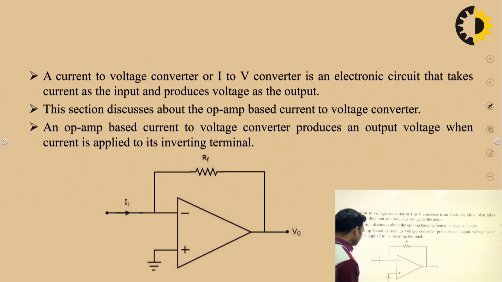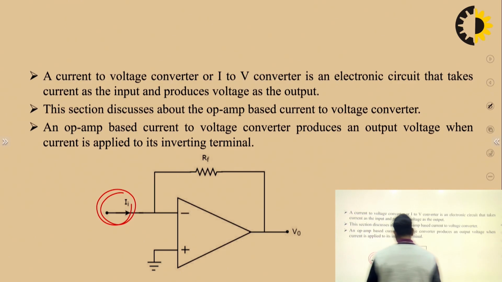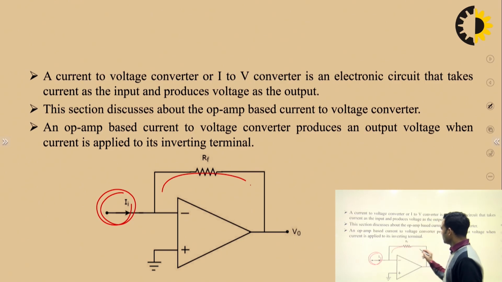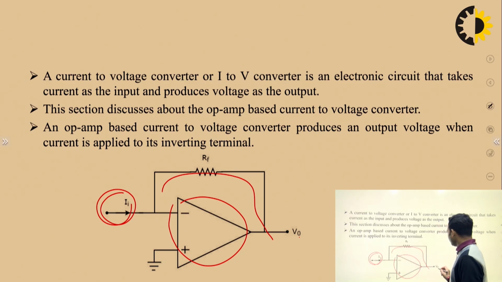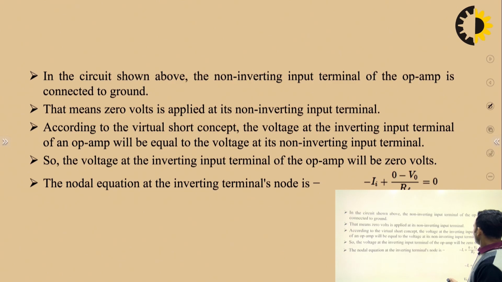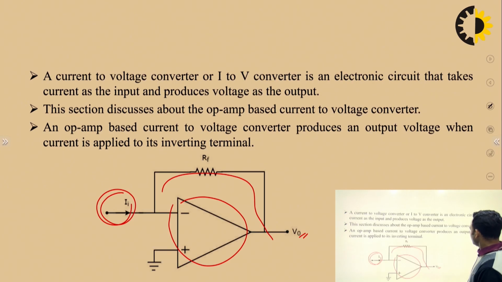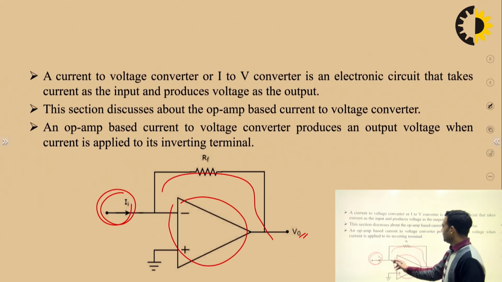We are considering that we have a current source, and this current source is connected in this way to the operational amplifier, and here we will get output voltage. Now, if you see here, this current II will be equal to what?